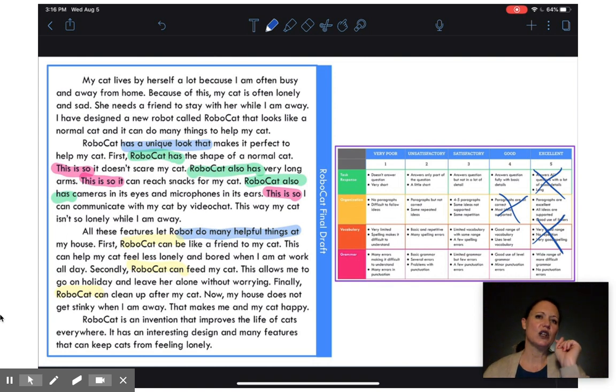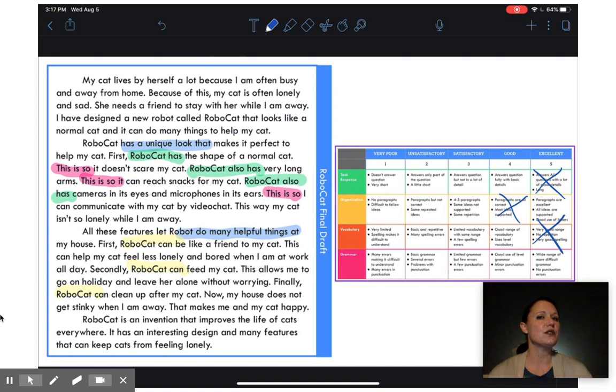And finally, grammar. I checked all of my sentences. They all have a subject, they all have a verb. My subject and my verb agree, and all of my verbs are in the correct form for present simple. Whew. I also checked all of my sentences using can or can't, and I corrected all of the mistakes there.